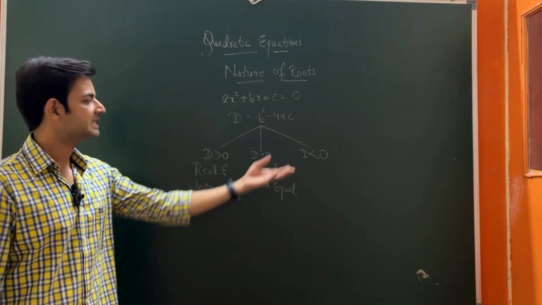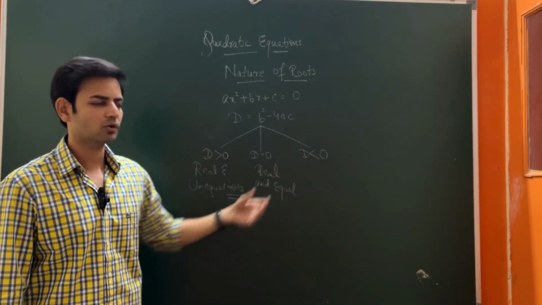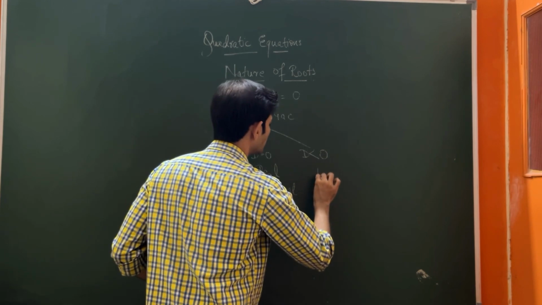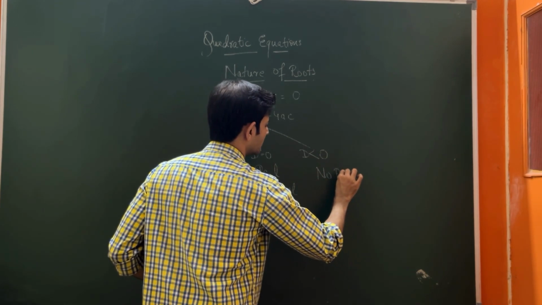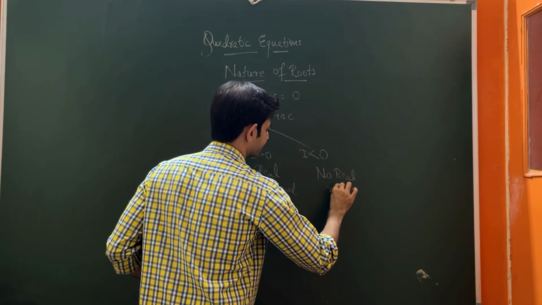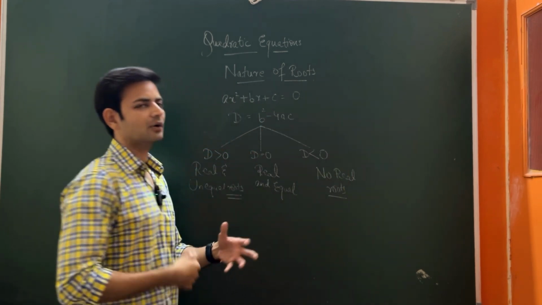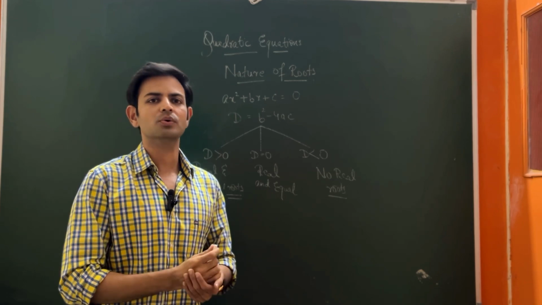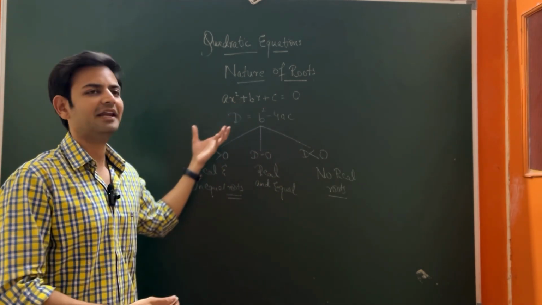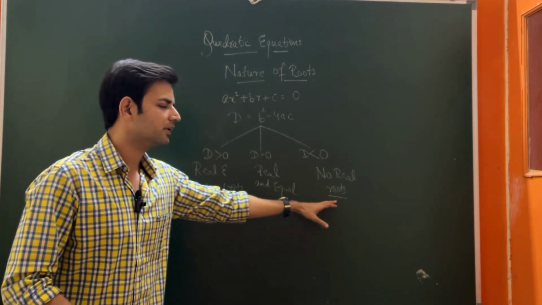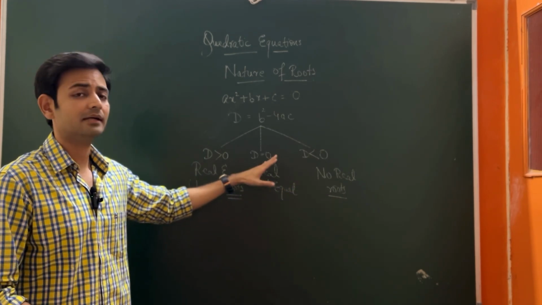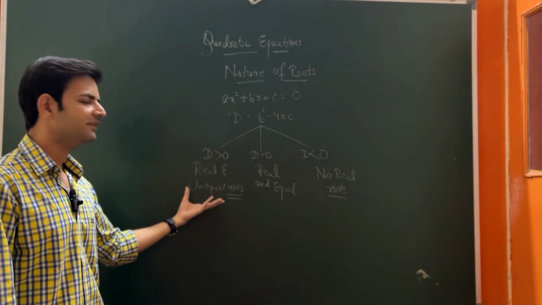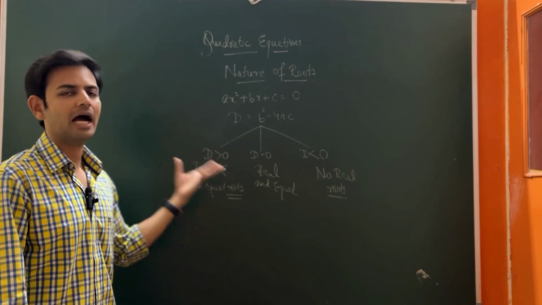In case D is negative or less than 0, then we say no real roots. So even without solving, we can tell about the nature of roots using this discriminant formula. If it is less than 0, it will be no real roots, equal to 0, it will be real and equal, and if it is more than 0, then real and unequal roots.